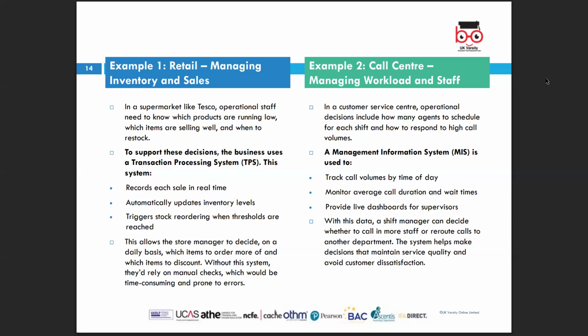They rely on management information systems, which are used to track call volume by time of day, monitor average call duration and wait time, and provide live dashboards and supervision. With this data, a shift manager can now decide whether to call in more staff or reroute the calls to another department.